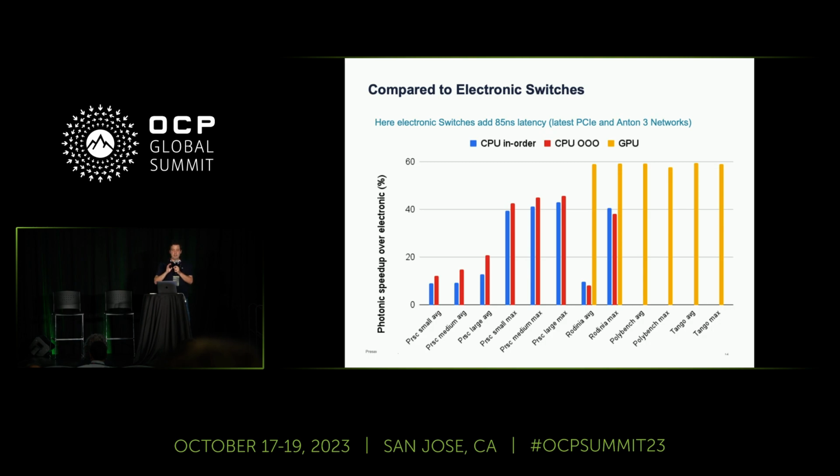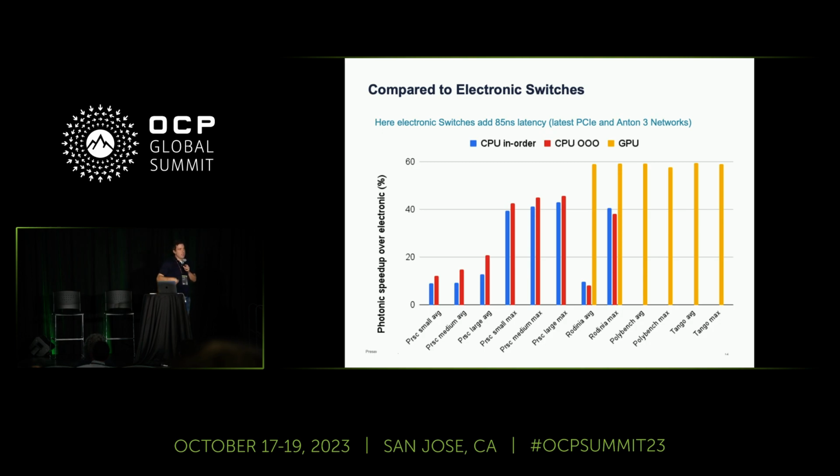Of course, if something faster comes along, we can just plug it in. But we evaluated the impact of that extra latency between CPUs or GPUs and memory in 3 cases: in-order CPUs, out-of-order CPUs, and GPUs. On the x-axis, we have a bunch of benchmark suites, and for each one, you get average and maximum. As you can see, some benchmark suites didn't run on GPUs or vice versa.